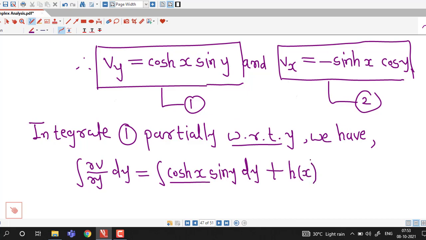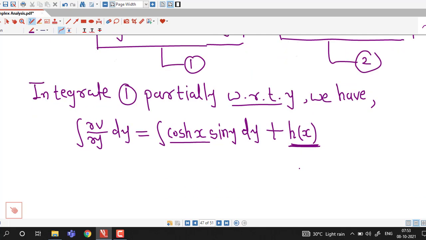So instead of writing the constant c, we write the constant of integration as some function of x, say h of x.